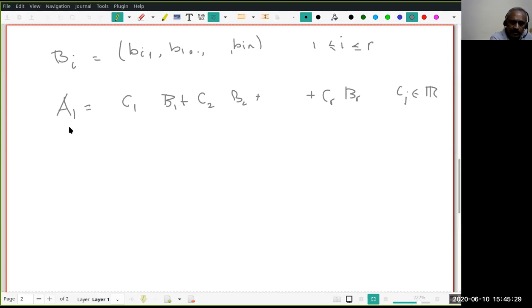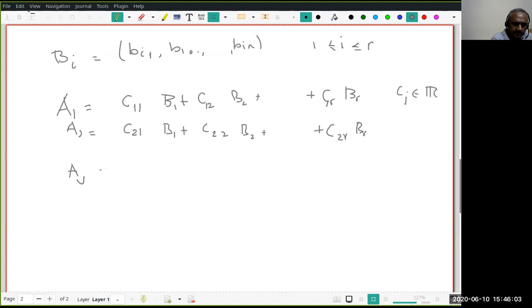But for a_2 also I have to write it. So I will use a double index. I will write a_1 as c_11, c_12, up to c_1r. So what will be my a_2? a_2 will be c_21 b_1 plus c_22 b_2 plus c_2r b_r.